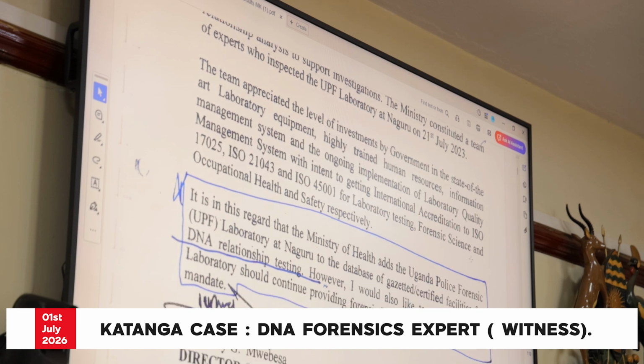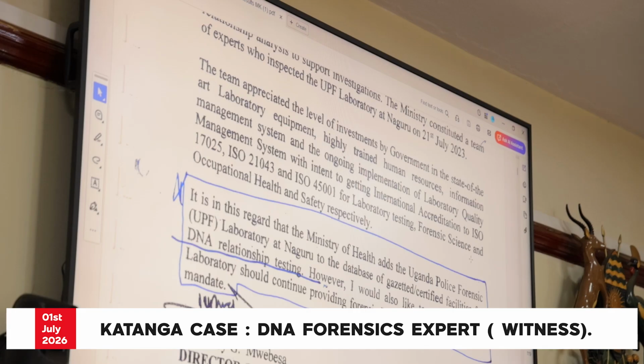Okay, then. It is in this regard that the Ministry of Health adds the Uganda Police Forensic UPF Laboratory at Nakawa to the database of gazetted, certified facilities for DNA relationship testing.